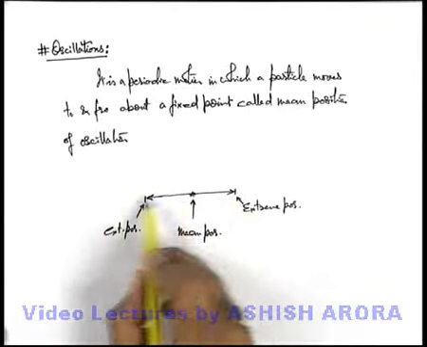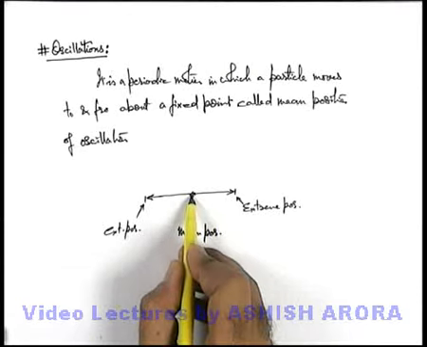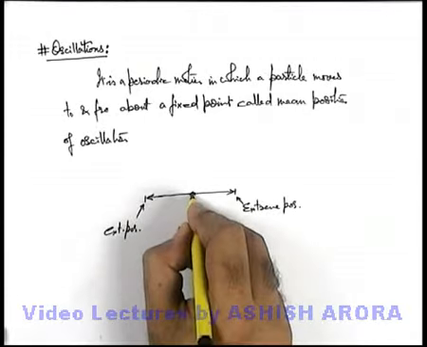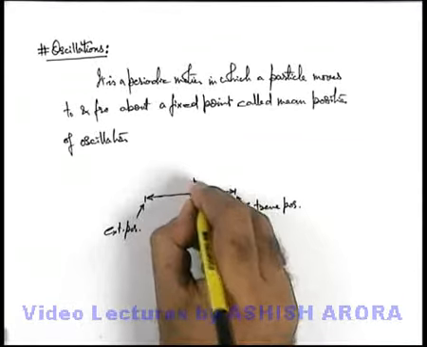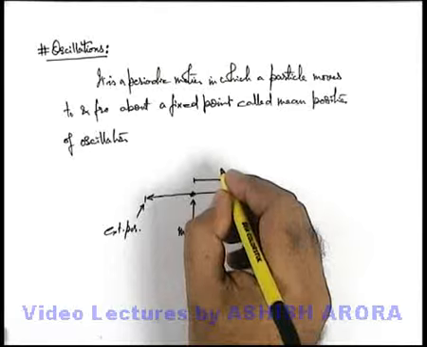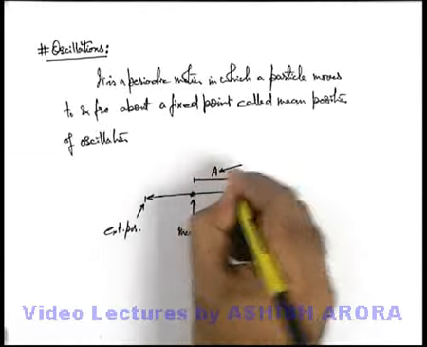And when the particle is oscillating about this mean position, the maximum displacement to which the particle goes, that is the separation between mean position and extreme position, is called the amplitude of oscillation.